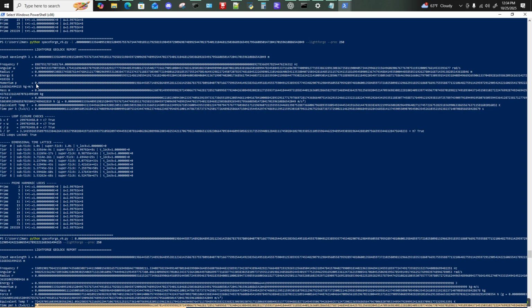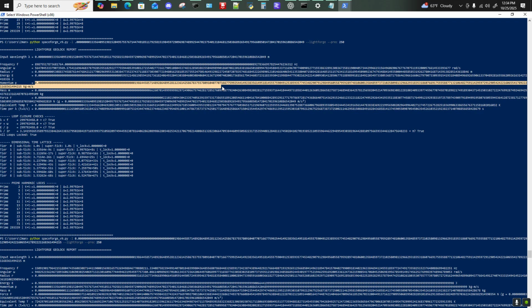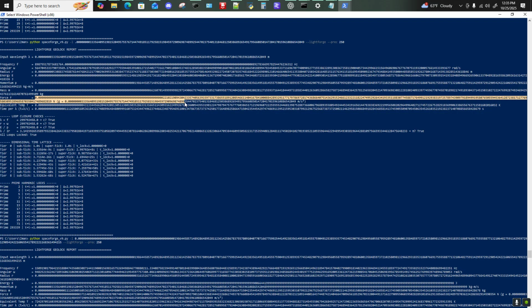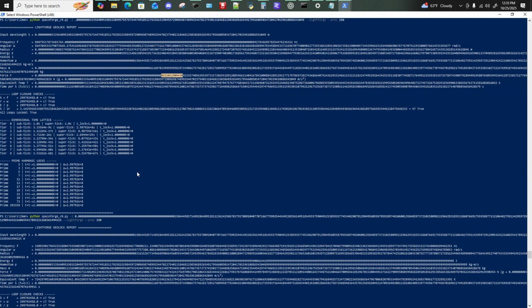So each one of these is a superpositioned standing wave of not only light, but of time. A superposition of time where all of these measurements, see the 22102, Planck's constant, this one, the 3335 number, yeah, see there's the one right there.